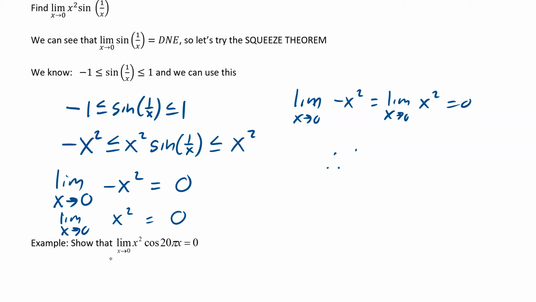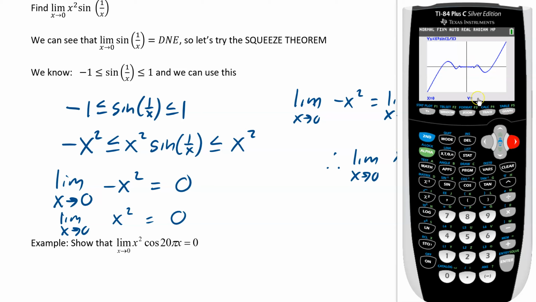Therefore, with the squeeze theorem, the limit as x approaches 0 of x squared sine of 1 over x also has to equal 0. And if we look at the calculator, you can see that there's no value there, but scrolling to the left and the right, they are approaching 0, so it verifies what we were looking for.